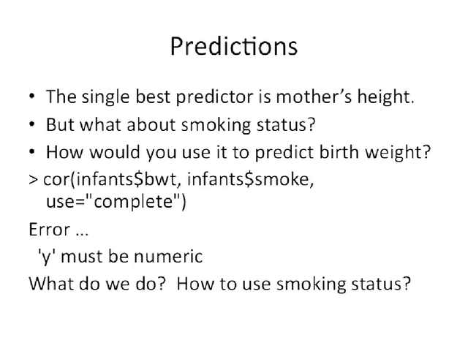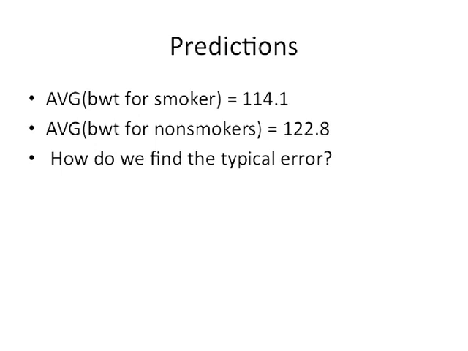It says it's got to be numeric for me to calculate a correlation coefficient on it. So instead, we look at these two averages. The average baby's birth weight for the smoker is 114 ounces, and the average birth weight for the non-smokers is 122, or nearly 123.